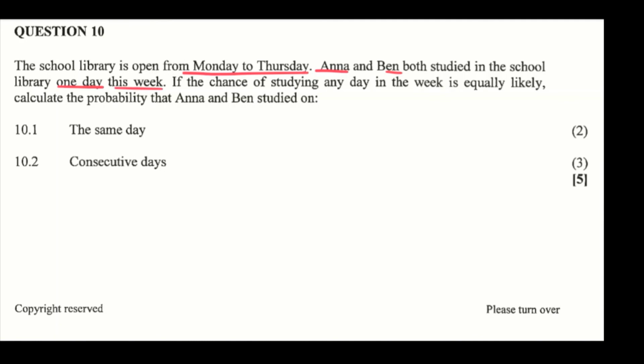If the chance of studying any day in the week is equally likely, calculate the probability that Anna and Ben had studied on the same day. So let's say for example we have 4 days: Monday, Tuesday, Wednesday, Thursday.